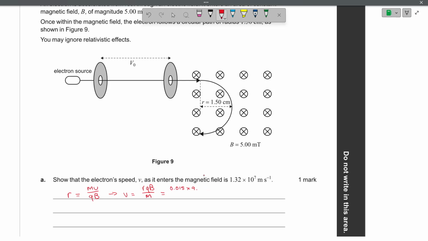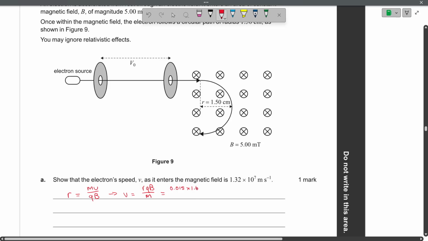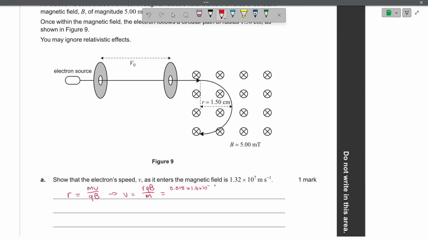9.1. Sorry, that's the mass. Silly me. The charge is 1.6 times 10 to the negative 19 coulombs, and B is the magnetic field strength, 5 millitesla, so we're going to just convert that to Tesla.